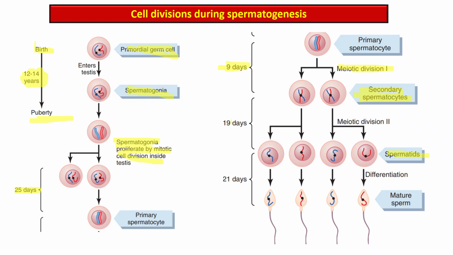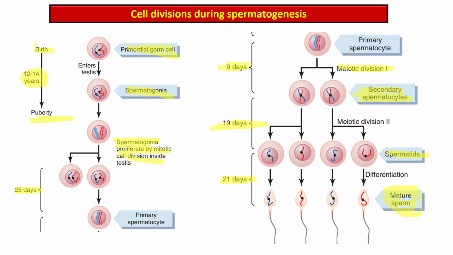This conversion of secondary spermatocytes into spermatids takes about 19 days, and then morphological or differentiation changes occur in the spermatids and they mature into mature sperm. So the total time from spermatogenesis to mature sperm is approximately 64 to 74 days.